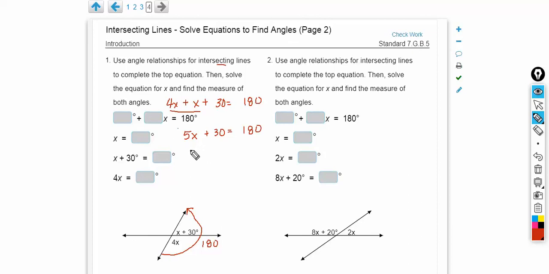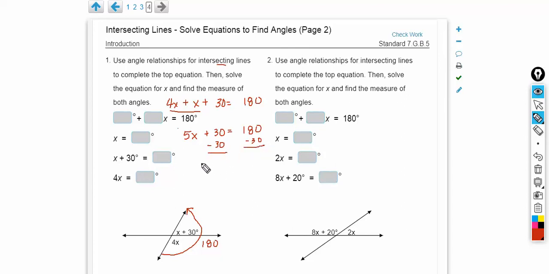Okay, so then you might be thinking, oh, next thing we're going to do is divide by 5. Okay, but we didn't get rid of the 30 first. So we have to move this 30, so we're going to subtract 30 from both sides first.